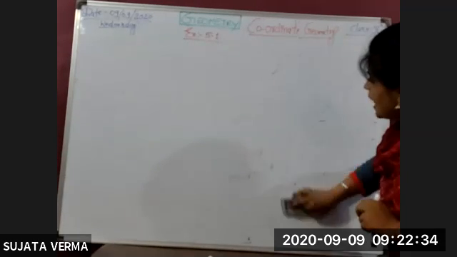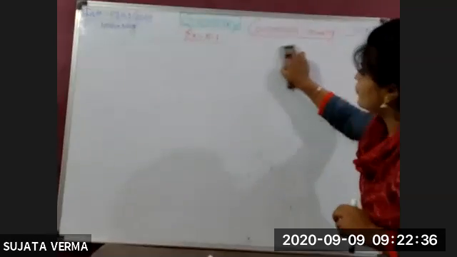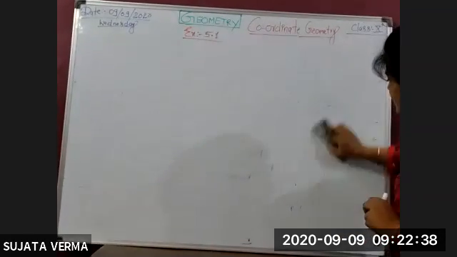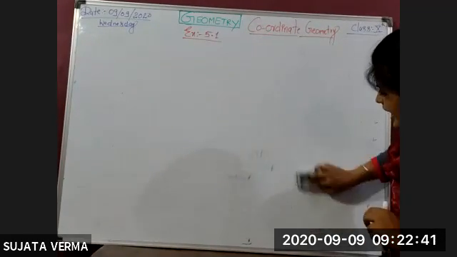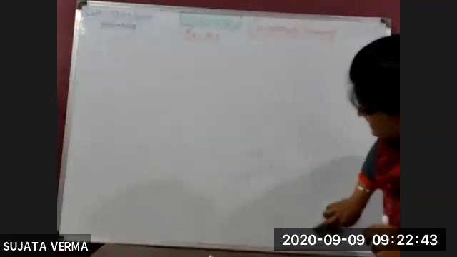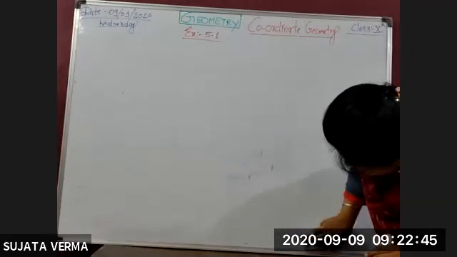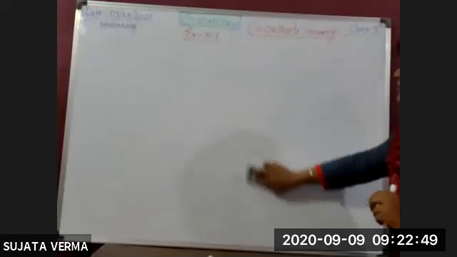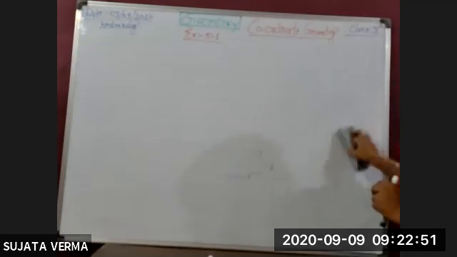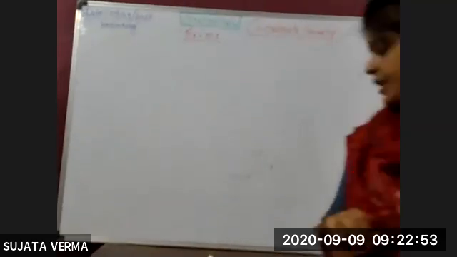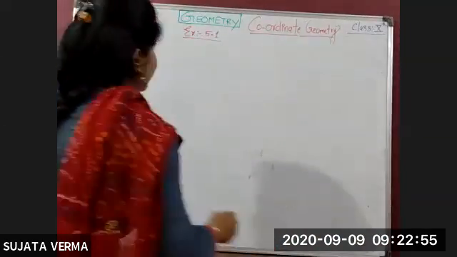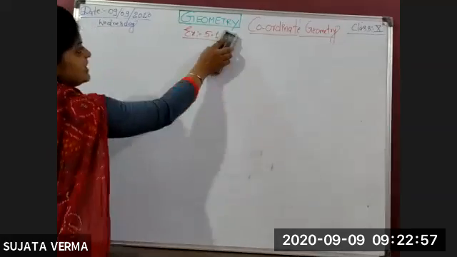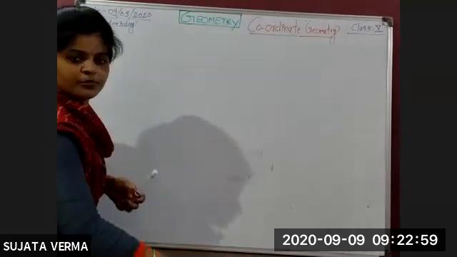So what we have to do in this chapter? We only have to learn the formula, and if you know the basic calculation, then we can solve any type of question. Okay. Now here the first part is completed. Now we discuss the second part, that is the section formula.